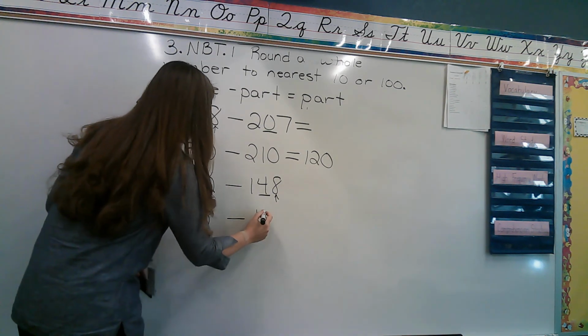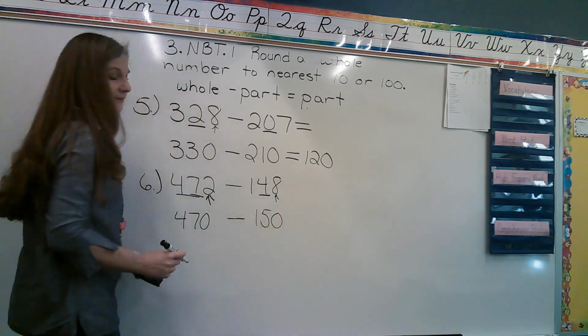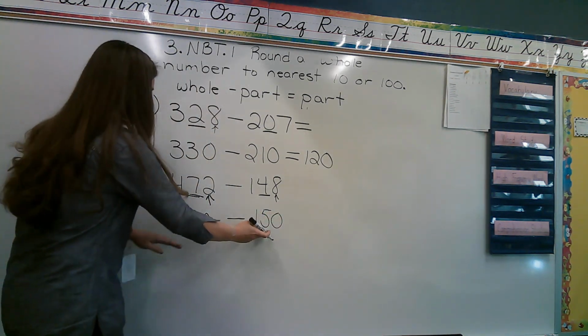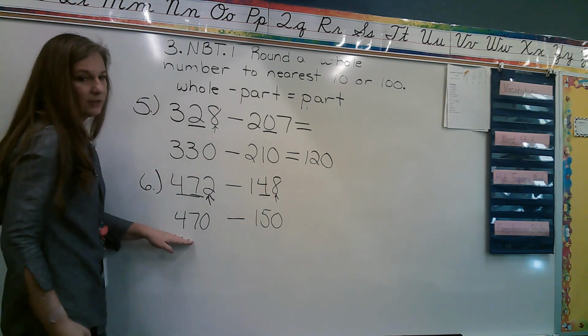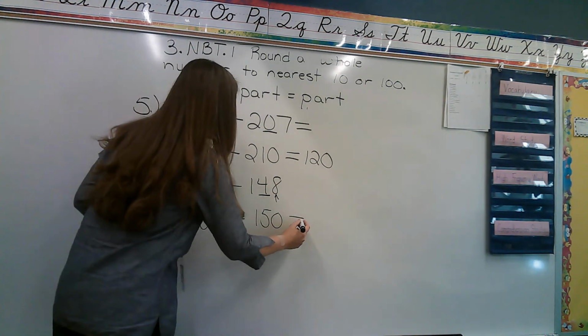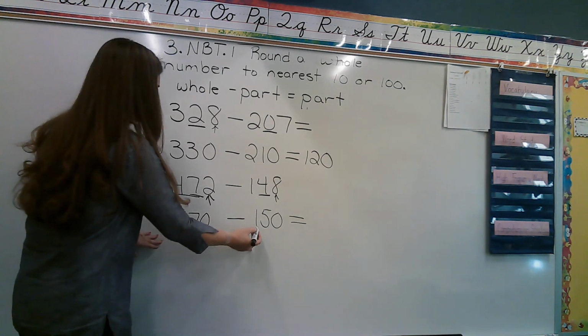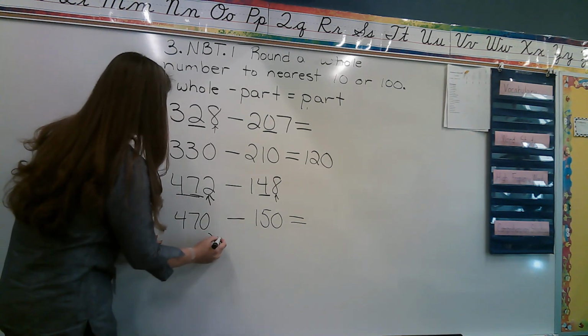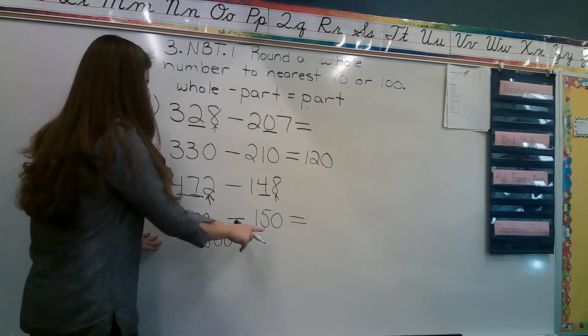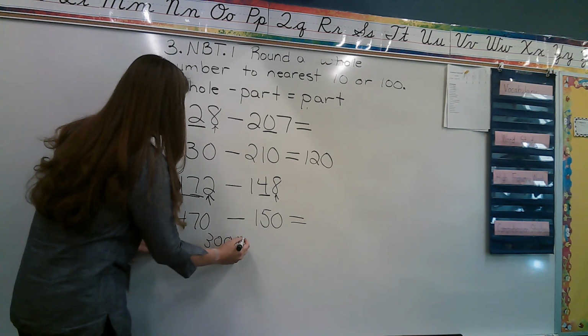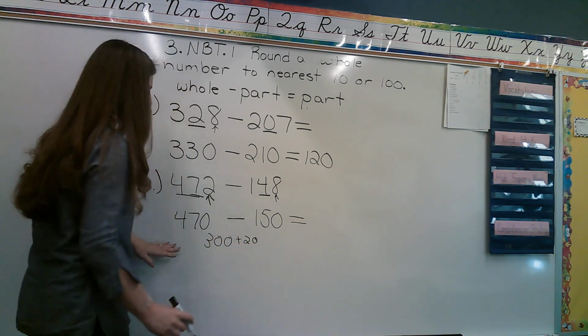So now we can subtract to find the difference between these two estimates of 470 and 150. So 400 minus 100 is 300, and 70 minus 50 is going to be 20.